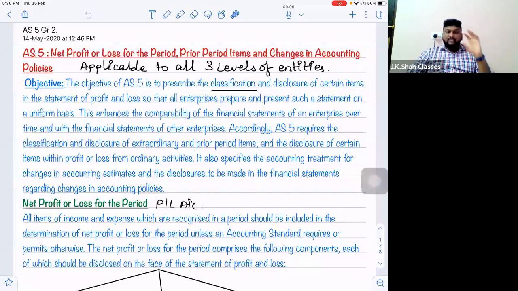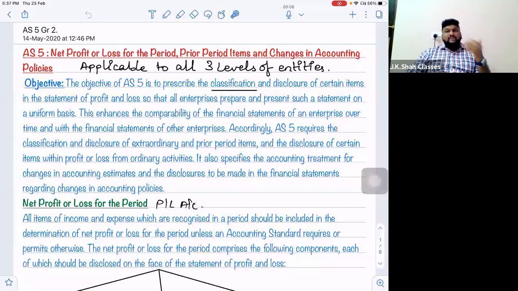So technically, whatever expenses or whatever incomes fall within this 12 months period are shown in the P&L account. Yes or no? Right? That is why we have these adjustments because of the prepaids and outstandings coming in. That is the only reason why we have these adjustments, right?